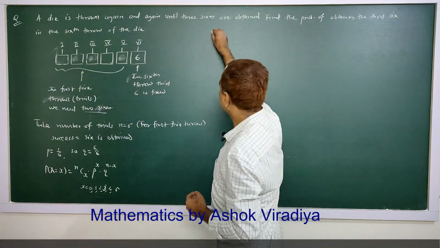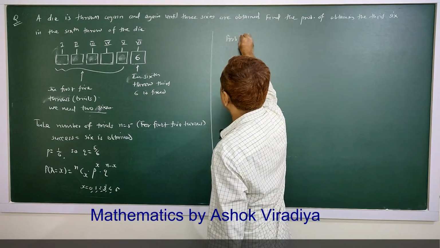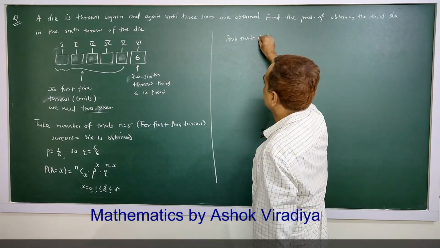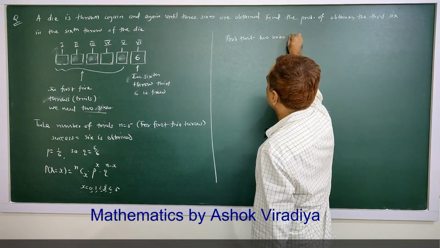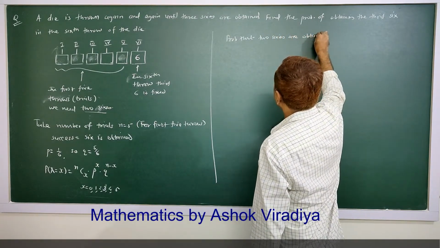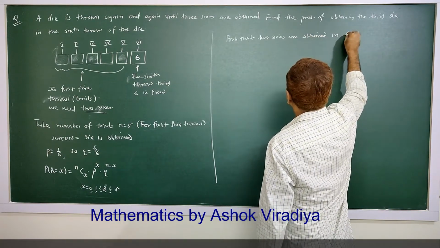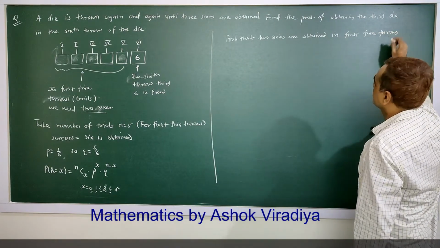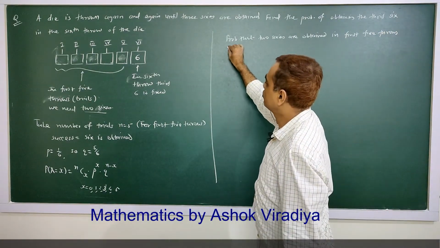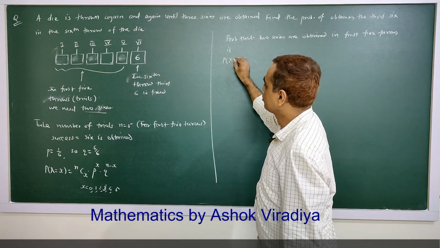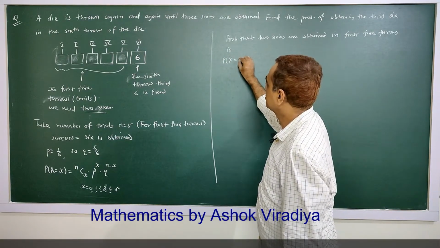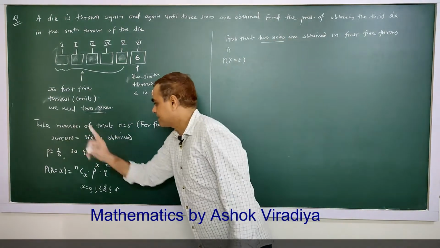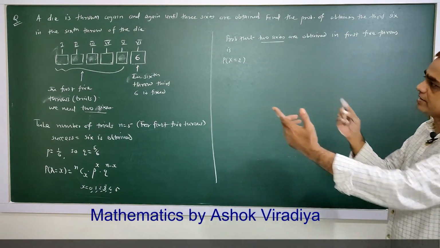So probability that 2 sixes are obtained in first 5 throws is equal to probability that number of successes is 2. 2 sixes, that means 2 successes in 5 trials.